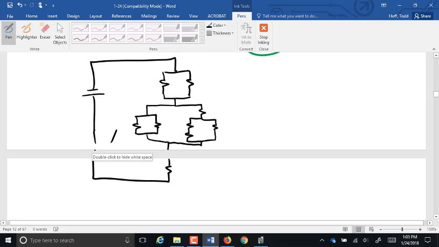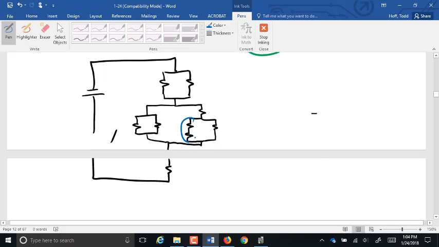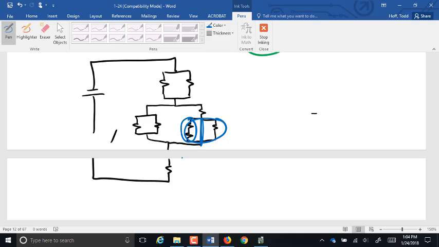Might ask you to find total resistance and total power and stuff like that. Obviously, that would be an extra credit question, but it's the same type of thing. You can start in here. Hey, I've got two resistors in series. I can add them up. Once I add them up, it's in parallel with that one. I can replace that with an equivalent resistance. It's always a matter of finding two resistors that you can combine that are in simple series or simple parallel, and combine them and then replace them with that equivalent resistance. Keep going.